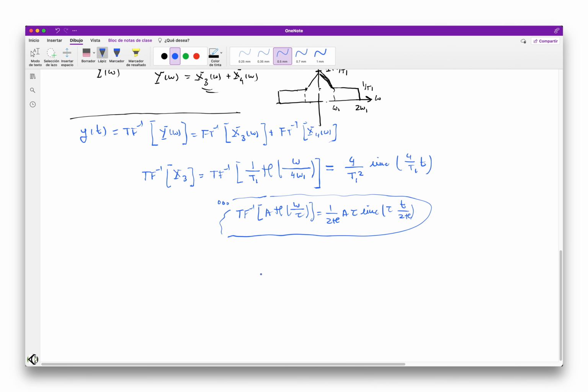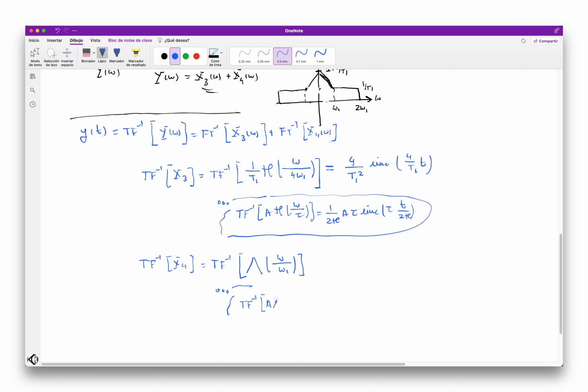Let's go now for the inverse Fourier transform of x4. If you recall from above, x4 was a triangle in frequency of half the duration of omega 1. Again, we have a triangle in frequency that goes into a squared sinc in time.